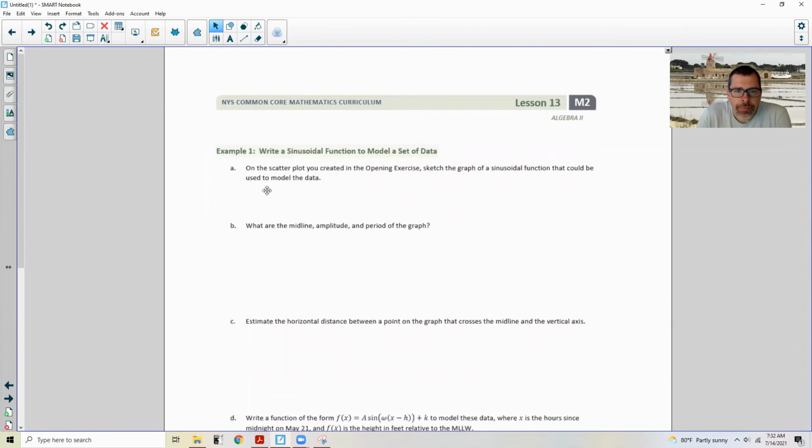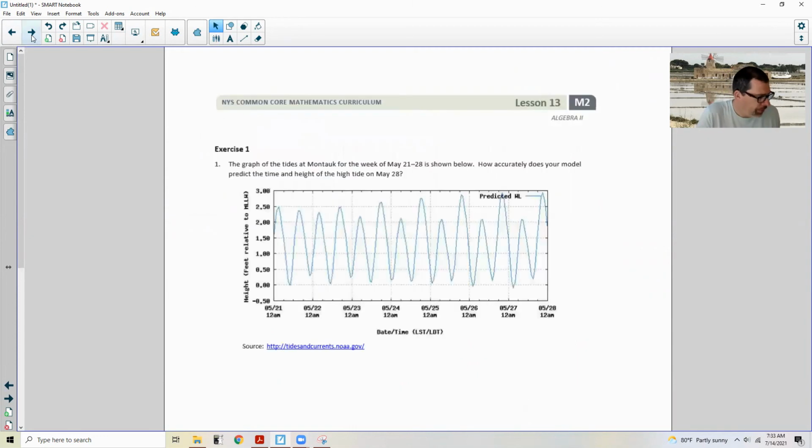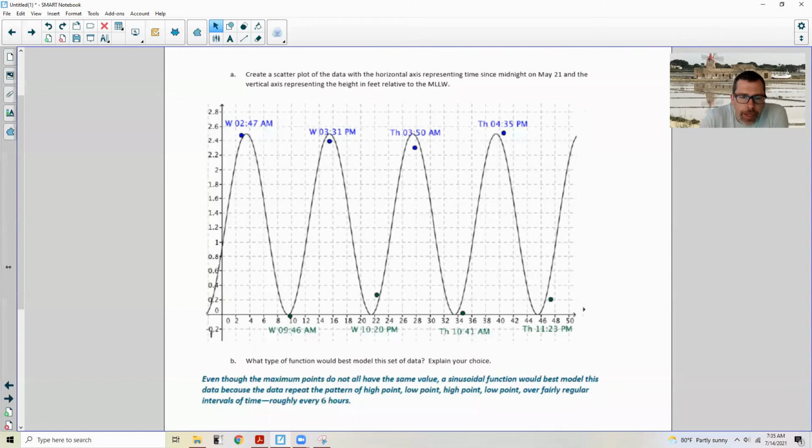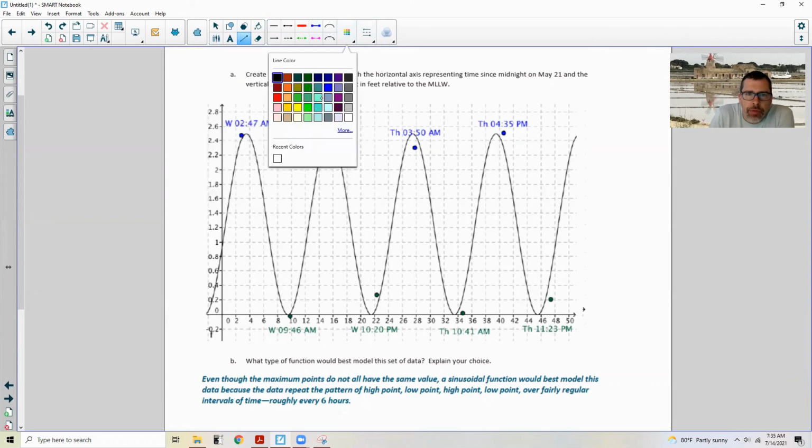That's part A. Part B says, what are the midline, amplitude, and period of the graph? Okay, so to find the midline, first thing I'm going to do is choose a dash line, how about red. The midline has to be halfway between the maximum and the minimum.